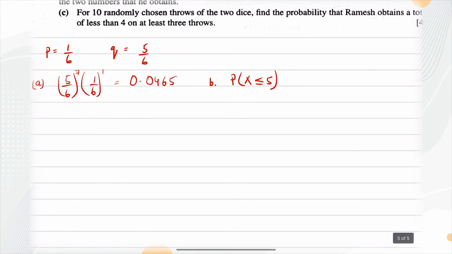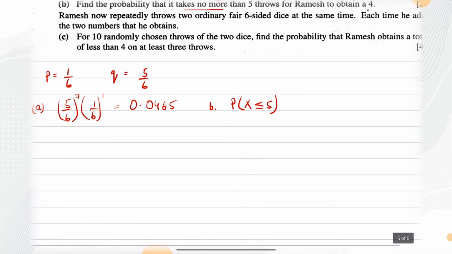What does this mean? This means that he can get a 4 in the first attempt, second attempt, third attempt, fourth attempt, fifth attempt. Now tell me something. Can I write probability of x is lesser than or equal to 5 as probability of x is less than 6? Can I do that?